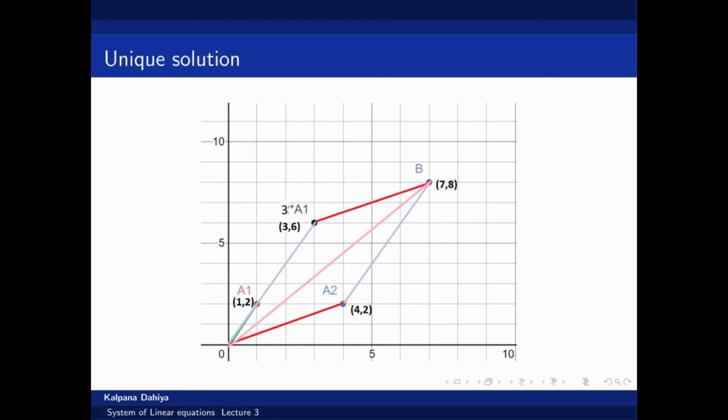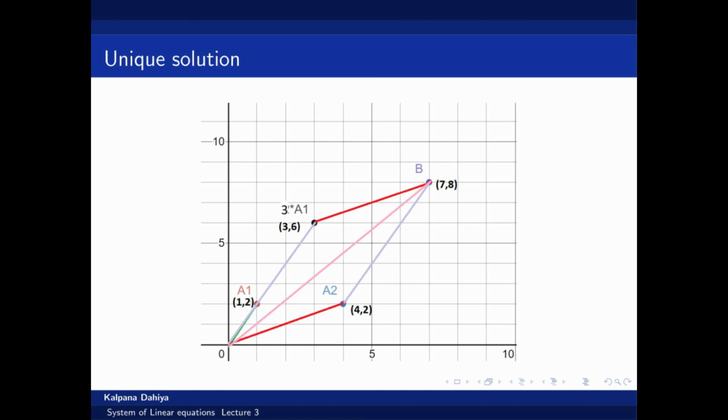This is 4, 2. Now if we complete this parallelogram whose two sides are 3A1 and A2, then we can see from the graph that its diagonal is exactly the same as the vector B. So I can say that vector B, 7, 8, is the sum of the two vectors 3 times A1 and A2.